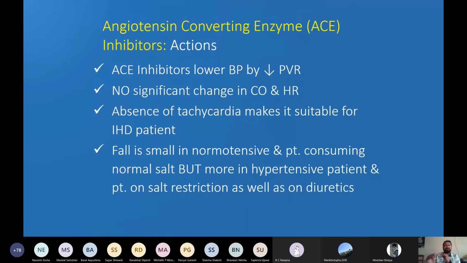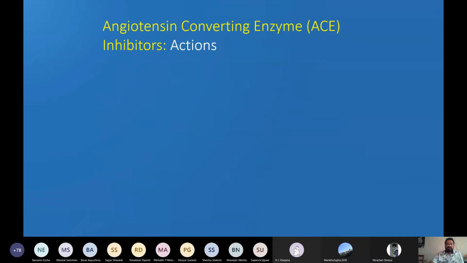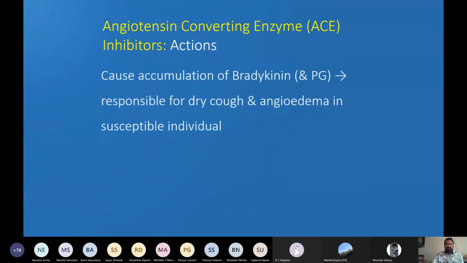But in hypertensive patients, the sodium level goes up. At that time, if you take angiotensin converting enzyme inhibitors, the BP reduces quite fast. Okay. Another thing I am repeating very much is that it causes the accumulation of bradykinin, which is responsible for dry cough and angioedema in susceptible patients.